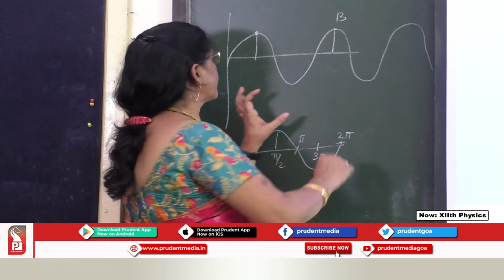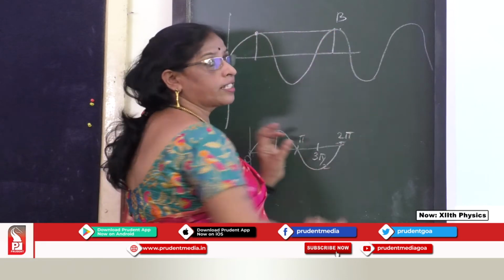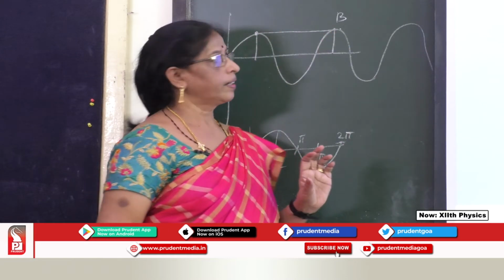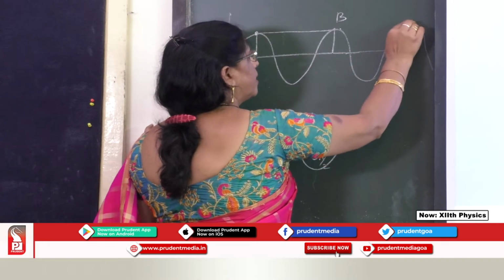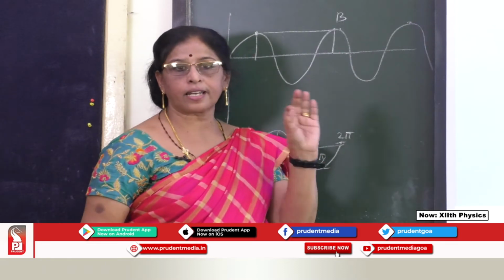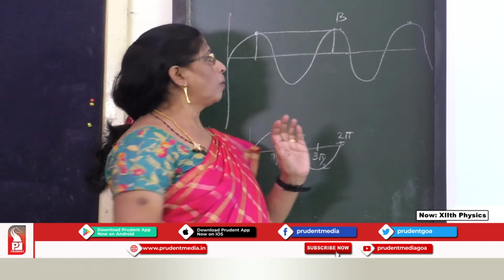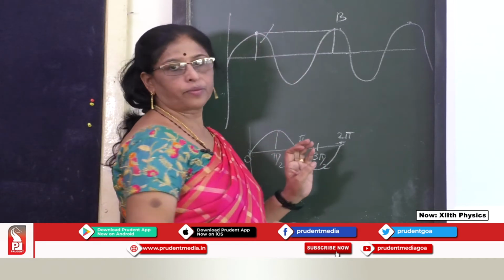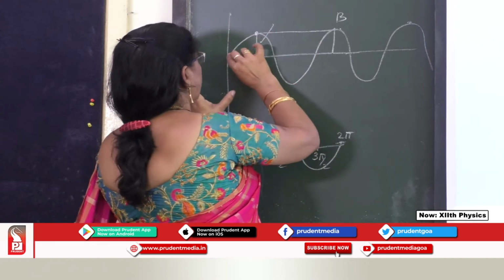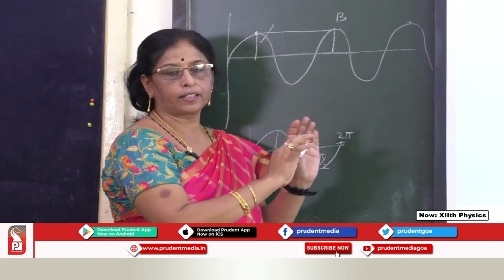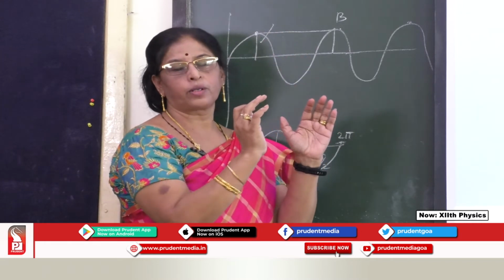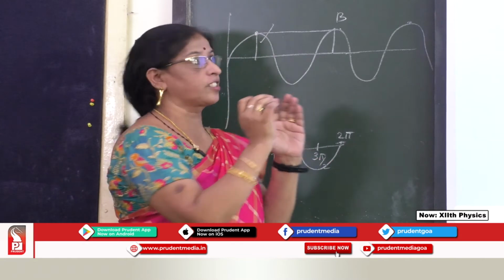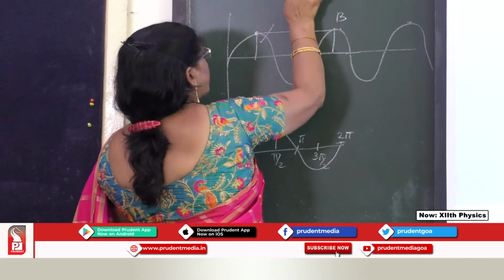So they are in the same phase. This is also in the same phase. Now, only one part of the wave, the upper part or the lower part, we call a wavelet. That is known as a wavelet.